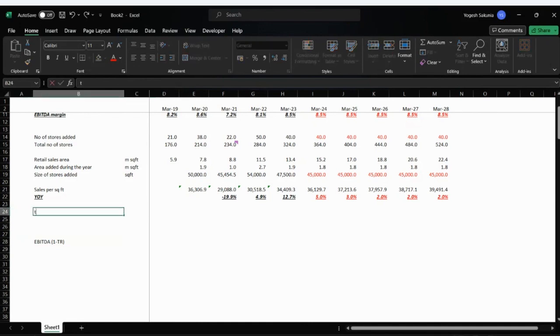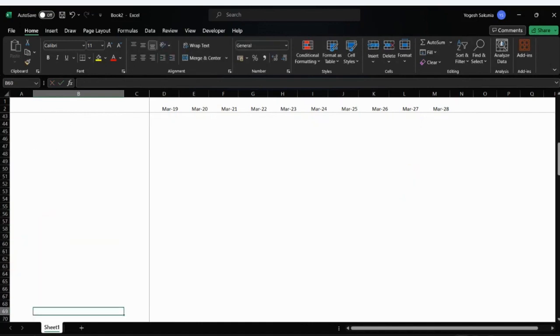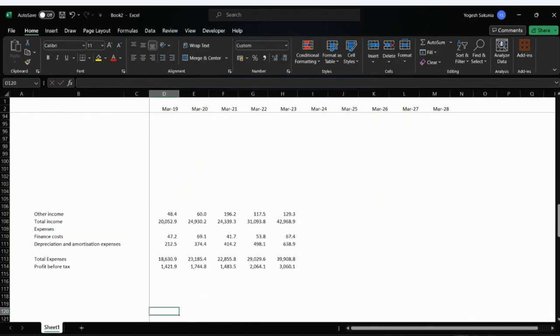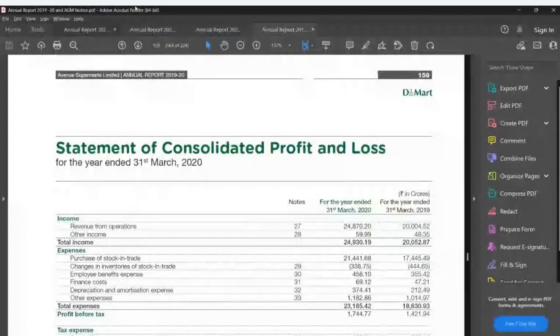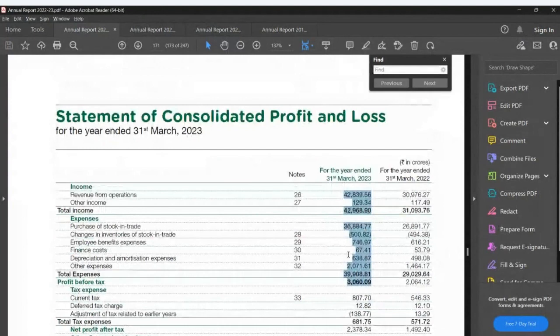I will just do it here, right? And let's just quickly see if we can find the effective tax rate. Yeah, profit before tax is there. And then we can also add for a couple of years. Tax expenses, just to quickly check what is that number.